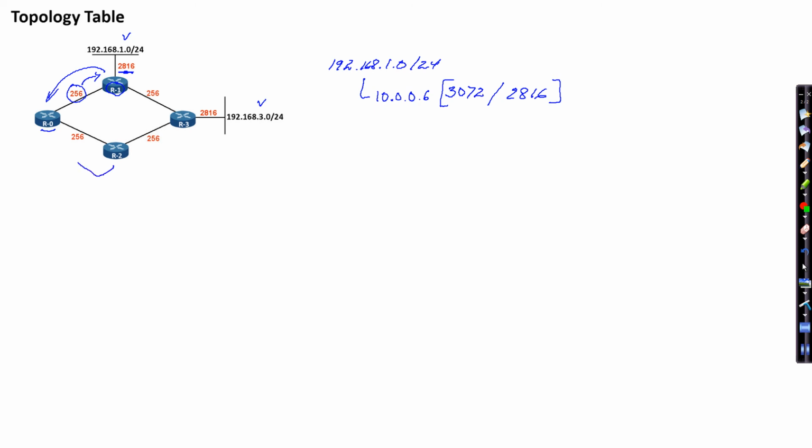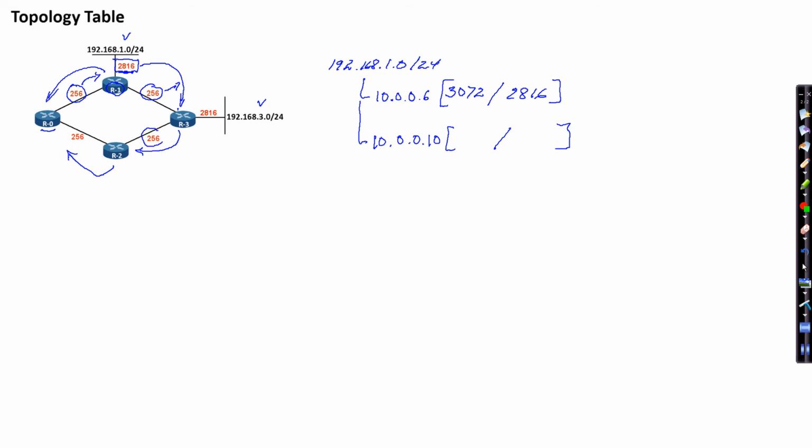Router 2 also advertised to router 0, so we have 10.0.0.10, composite metric of. Starting from router 1, router 1 will advertise to router 3. It has a cost of 2816. Router 3 will take this 256 and add it to that and advertise 3072 to router 2.